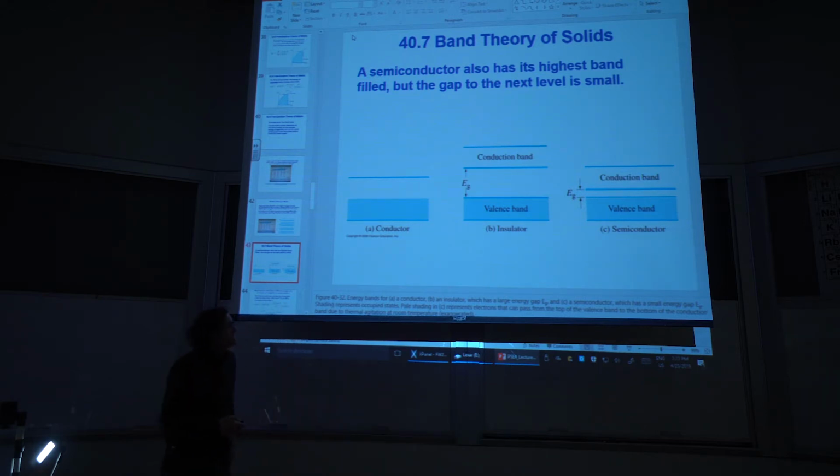In the case of the semiconductor, the valence band is already filled, but there is a very small energy gap.